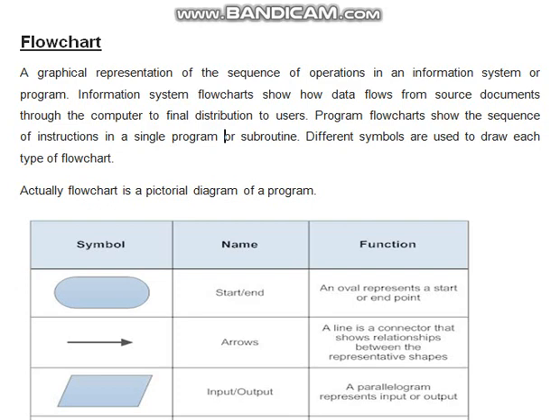Here I made a simple definition of flowchart: a flowchart is a pictorial diagram of a program. If we want to be a master of programming, a program developer, then we have to know flowchart very nicely. The stronger we become in flowchart, the stronger we become in programming.